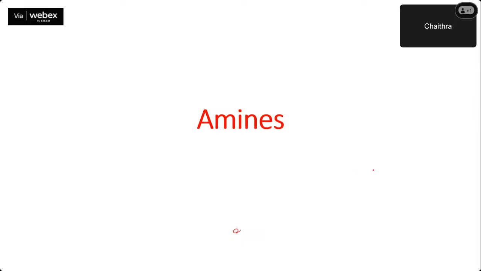I hope you remember the NH2 functional group, nitrogen and H2. This functional group is called the amine group, right? You would have used the suffix name amine. So basically, amine is a class of organic compound which contains NH2 as the functional group. Today we'll try to understand the introduction to amines, classification and its preparation methods.